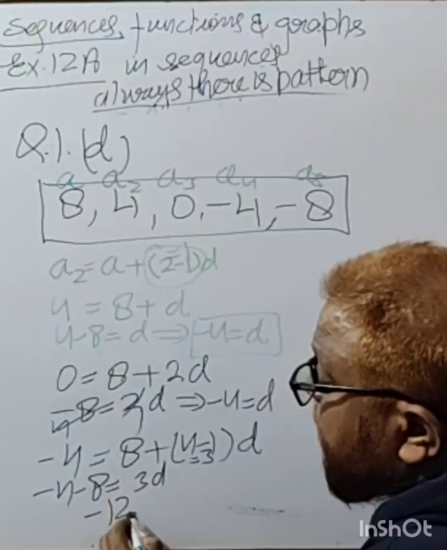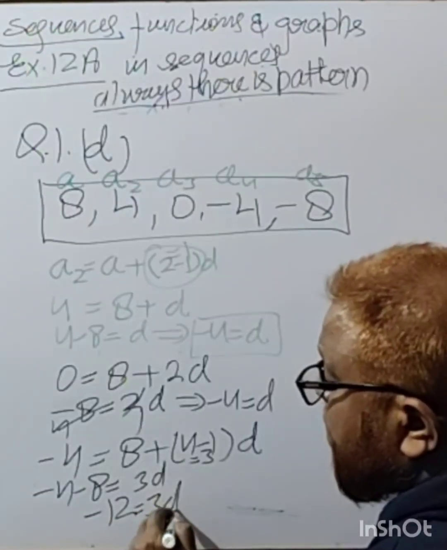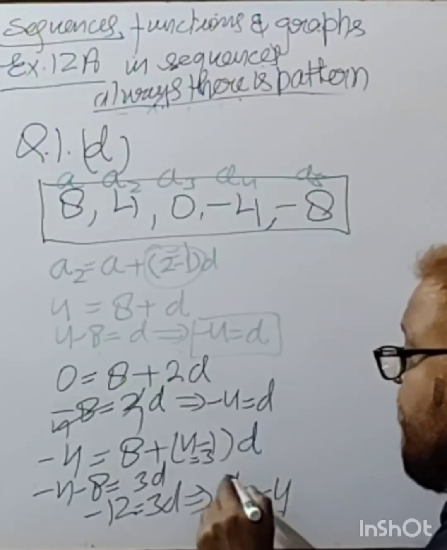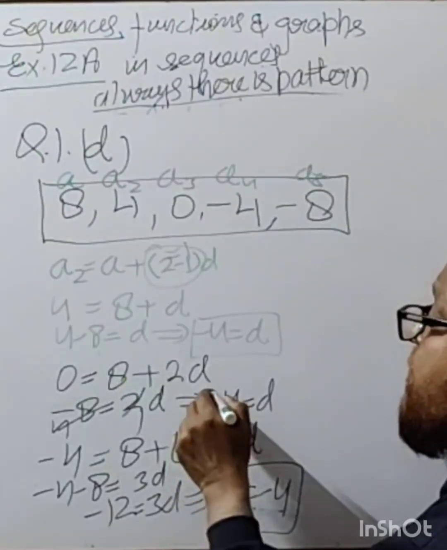So minus 12 is equal to 3D. Therefore, D is equal to minus 4.